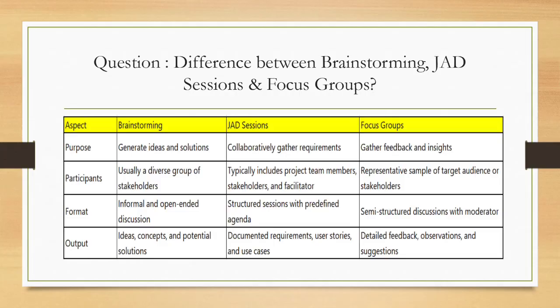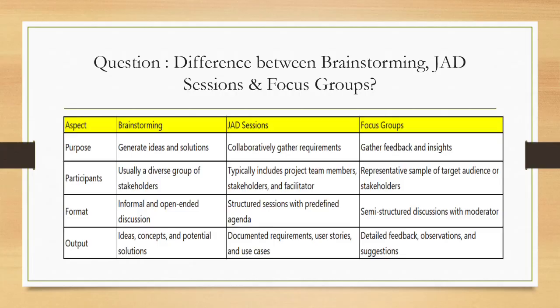So coming to the difference between brainstorming, JAD, and focus groups. Here you need to write about the purpose, who the participants are, and the format and output. Coming to brainstorming, the purpose is generating ideas and solutions; for JAD sessions, collaboratively gathering requirements; and for focus groups, feedback and insights.